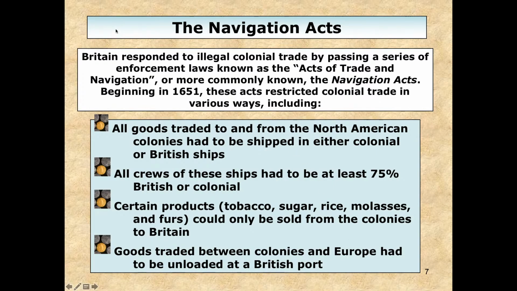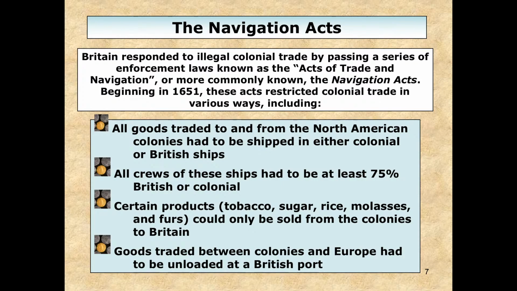So here's how we limit trade. All goods traded from and to North America are going to have to be on colonial or British ships. No side deals with the French, with Spanish, with the Dutch, none of that. Same with the crews. Crews have to be at least 75% British or colonial.